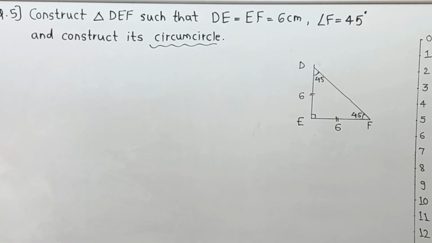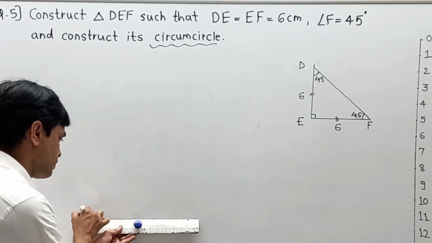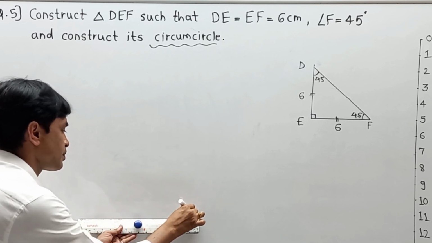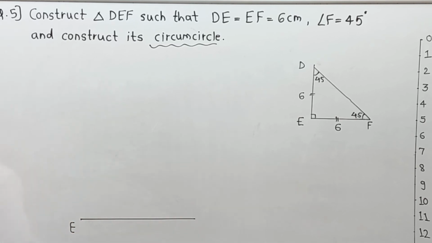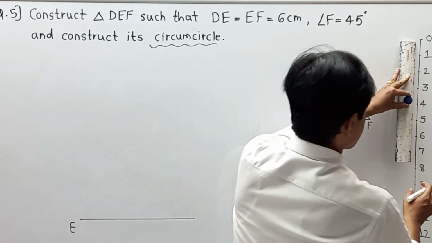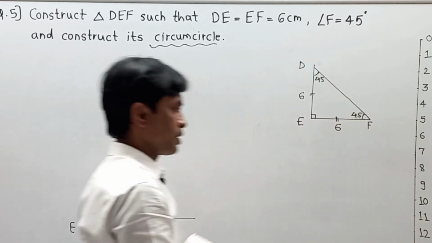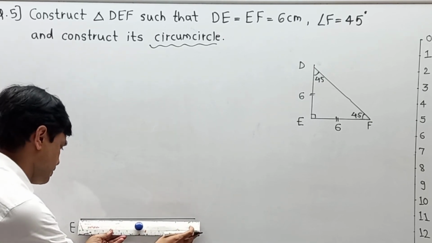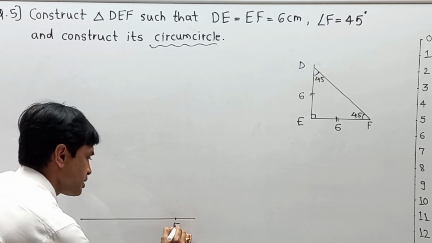So first EF over here I am going to draw. So E to F, this distance is supposed to be 6 centimeter. So here E to F, this is 6 centimeter.